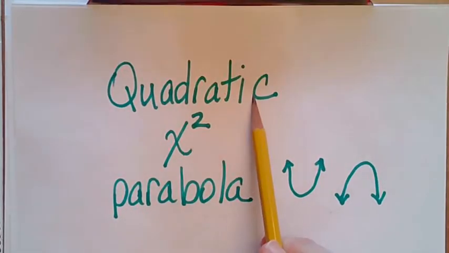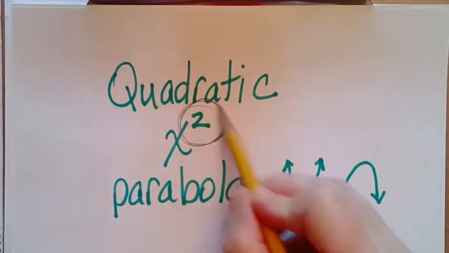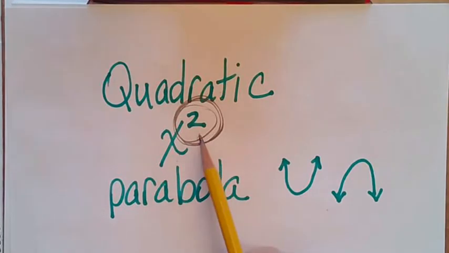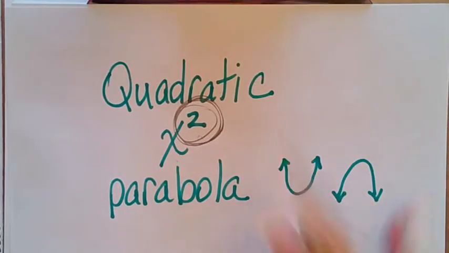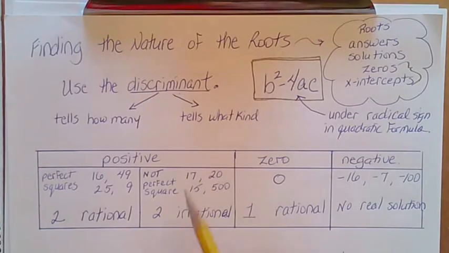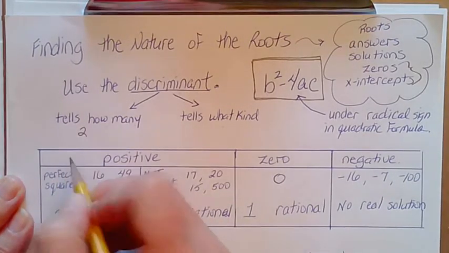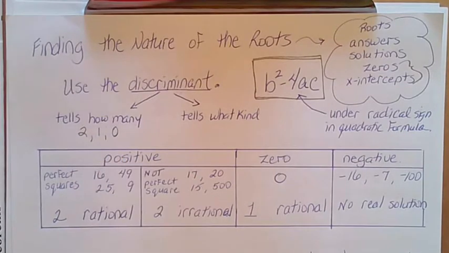So the quadratic formula is for x squared, and we also said, if I have an x squared, I am expecting two answers, two solutions, two roots. And if I don't get two roots, then there's a logical reason why. Okay, so coming back to this, we want to know how many roots there are. Well, there's either going to be two, like we just saw, or maybe there's one, or maybe there are none.